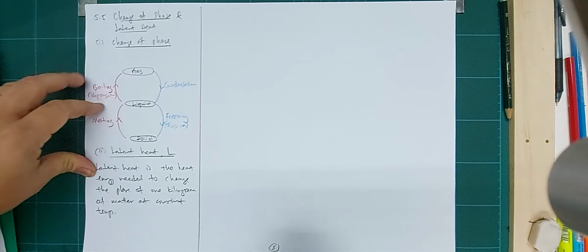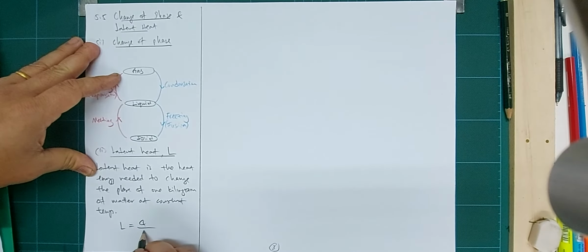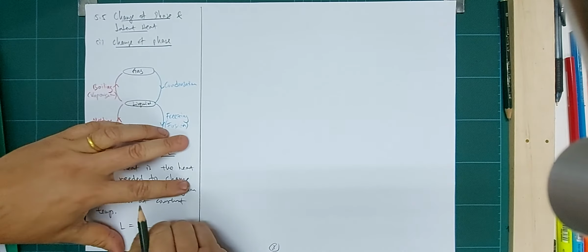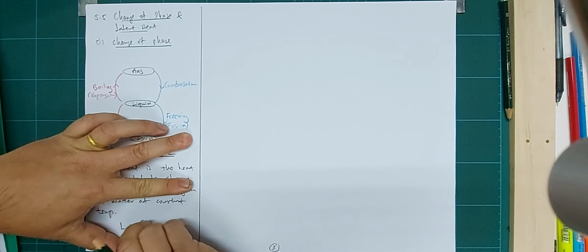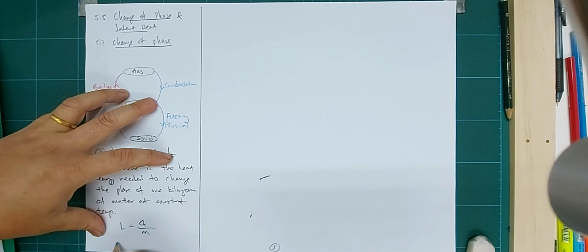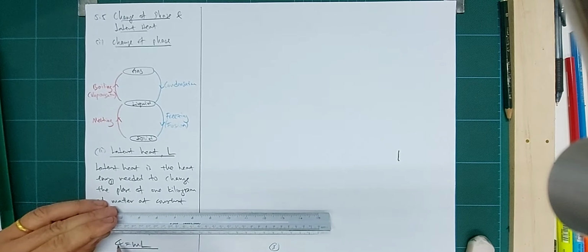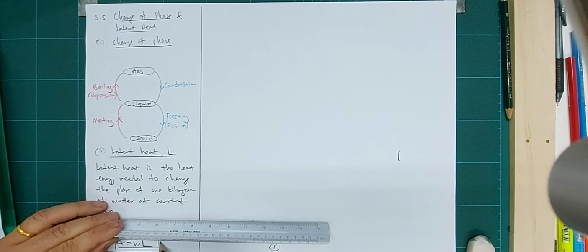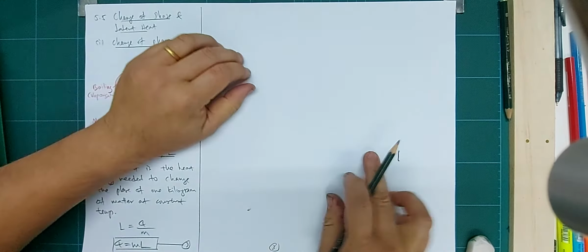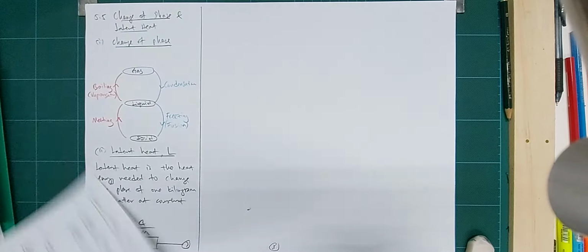So L is the heat energy needed for 1 kilogram at constant temperature, so there is no change in temperature, divided by mass. So our Q is equal to mL. That is our equation number 3.